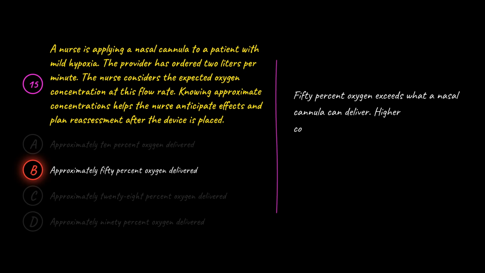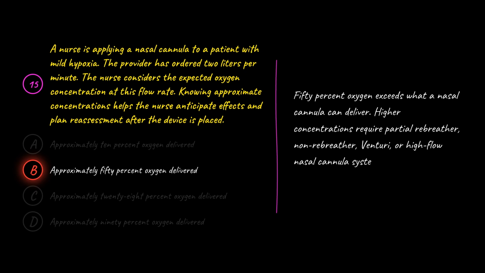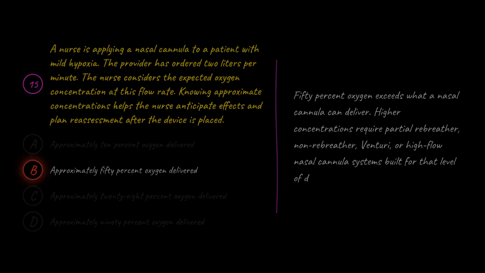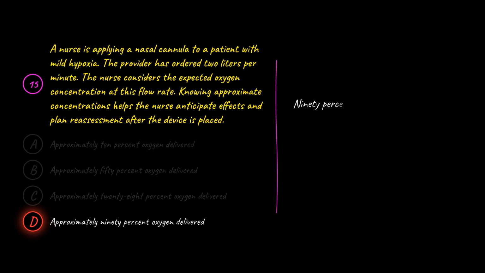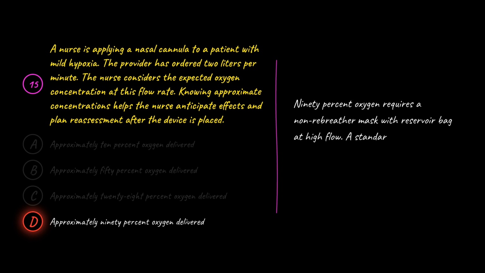Higher concentrations require partial rebreather, non-rebreather, venturi, or high-flow nasal cannula systems built for that level of delivery instead. D is wrong because 90% oxygen requires a non-rebreather mask with reservoir bag at high flow. A standard nasal cannula at 2 liters does not approach that concentration in any clinical scenario.